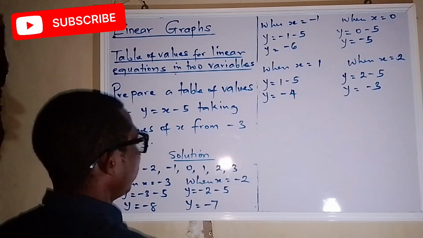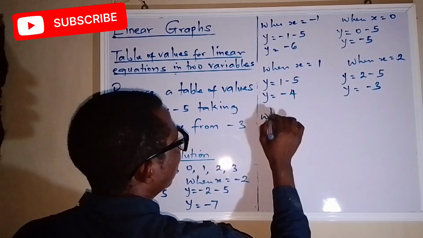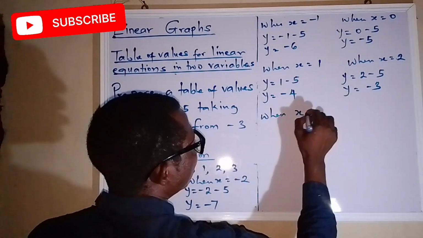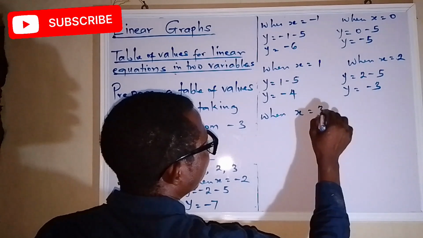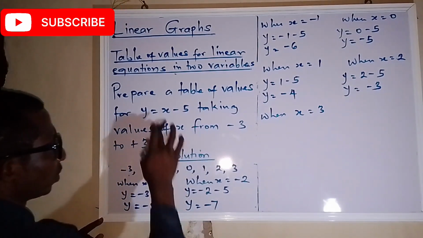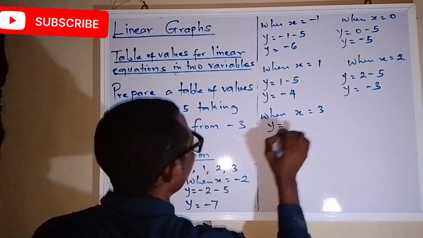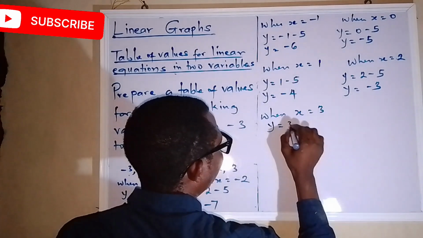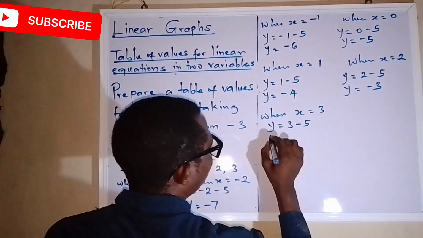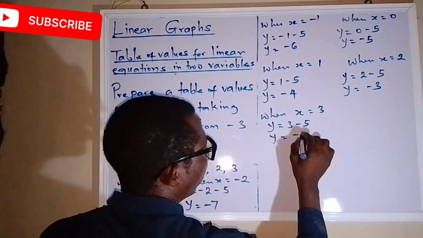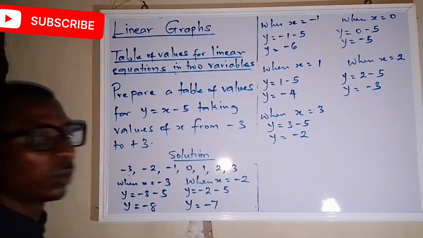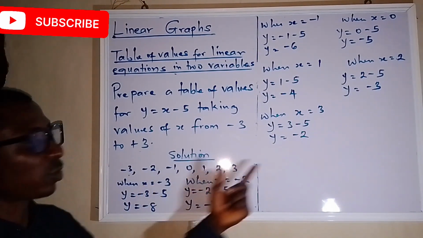Okay, now the next one, which is the last one, when x equals 3. When x equals 3, we have y equals 3 minus 5. So 3 minus 5 is minus 2. Alright, so we have gotten the values of y.